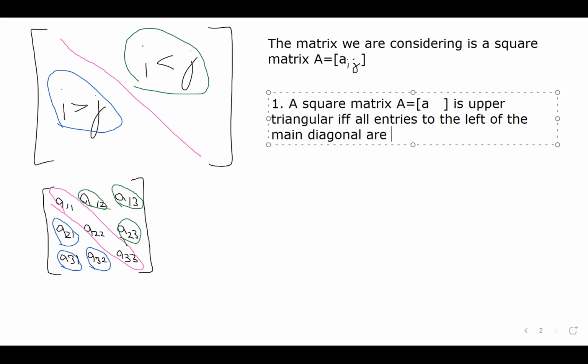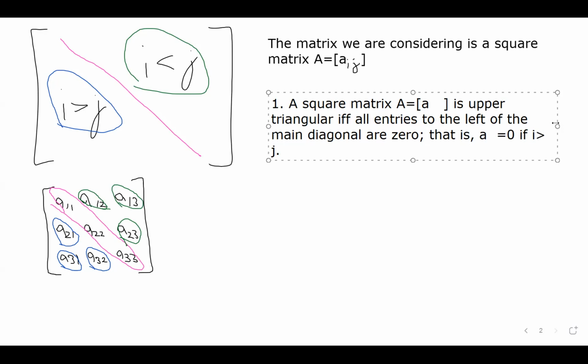So we know that already. But now that means something else. That is, if you have an entry a sub ij, then a sub ij is 0 if i is greater than j.